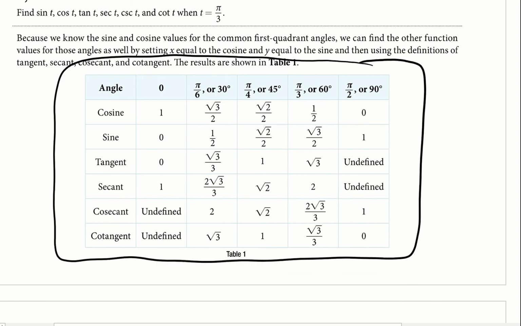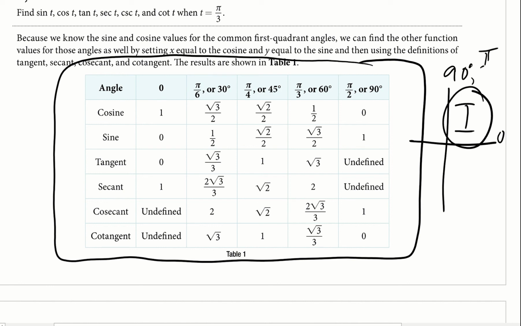Now this is what I would like for you guys to see. So these are the major angles in the first quadrant, which goes from 0 to 90 degrees, or from 0 radians to pi over 2 radians. This is a table. Notice that we have some cosecant and cotangents that are undefined, and that is because, for example, the cosecant is 1 over sine.